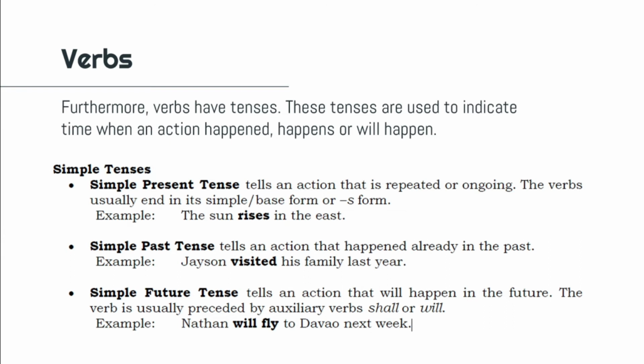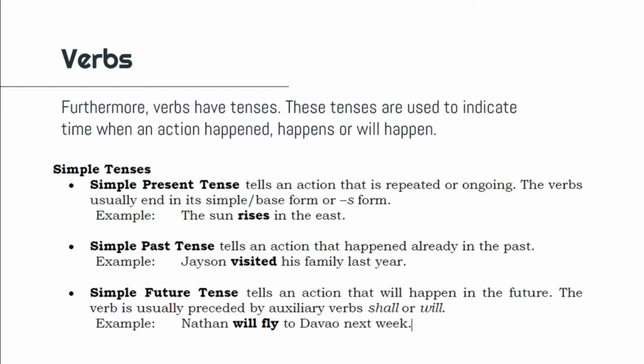Furthermore, verbs have tenses. These tenses are used to indicate the time when an action happened, happens, or will happen. Let's have first the simple tenses. Simple present tense tells an action that is repeated or ongoing. The verb usually ends in its simple or base form or S form. Example, the sun rises in the east.